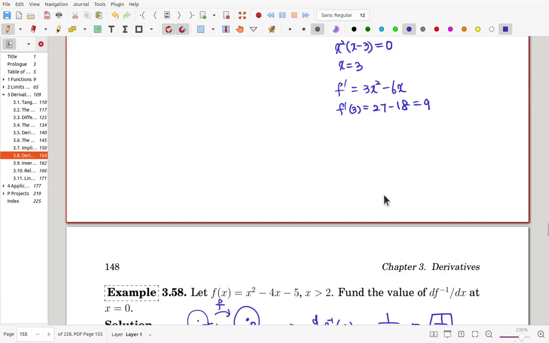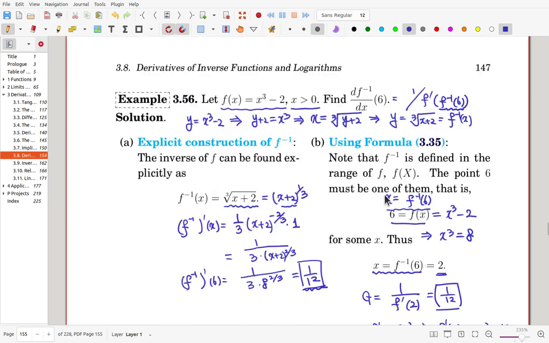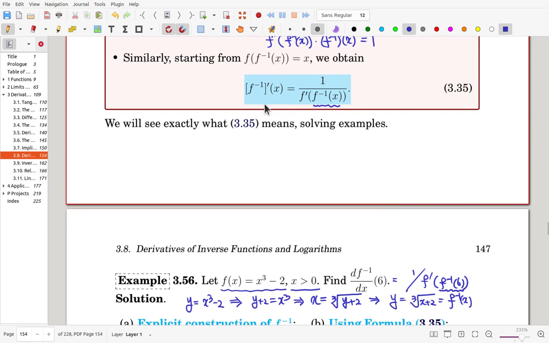But the formula is given in this way: the derivative of f inverse is 1 over f prime, but for the given point, you have to find the corresponding point on the left-hand side. Okay, that's the geometric interpretation.